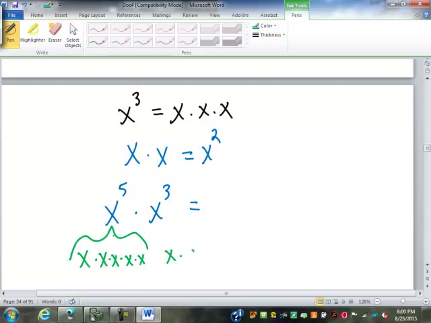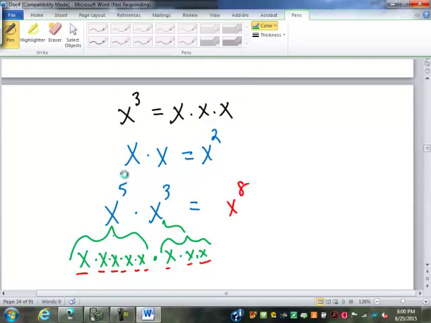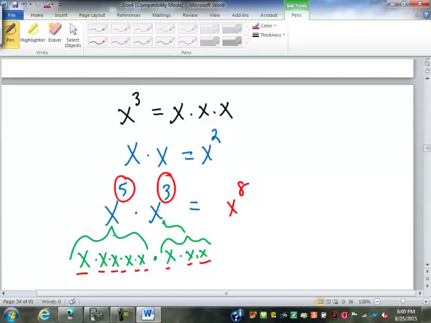X to the 3rd is 3 x's multiplied together. If we multiply them together, what do we have? X to the 8th. We have 8 x's now all multiplied together. As you can see, the net result, or the shortcut, would be just adding the powers. 5 plus 3 is 8.